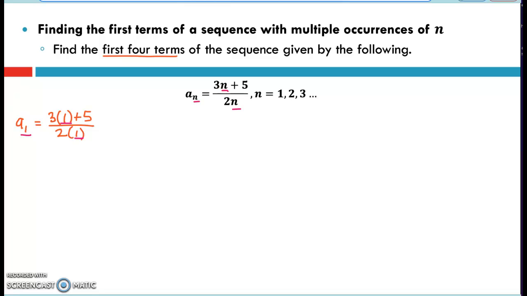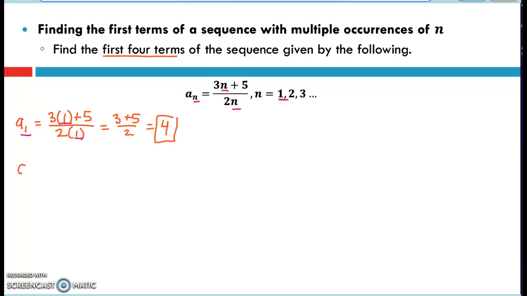So wherever there's an n, I'm going to plug in whichever n value I'm using. For the first term it's 1, for the second term it's 2, for the third term it's 3, etc. Now this equals 3 plus 5 over 2, which is 8 over 2, which is 4.